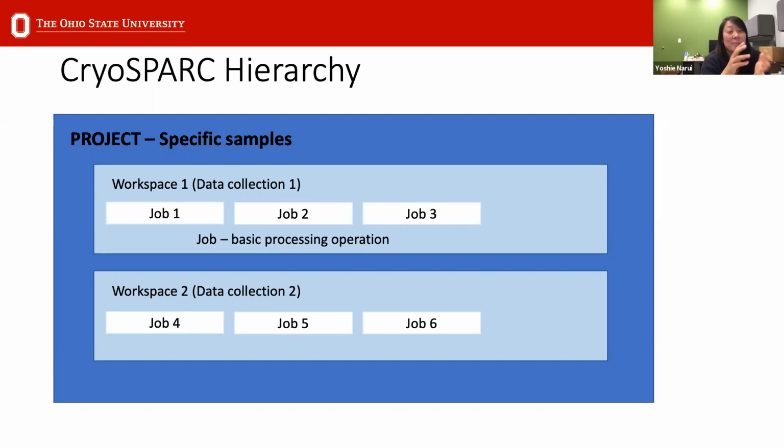But for a smaller data set like this, you could do it on your local machine. Does that make sense? But if you're doing hardcore, thousands of micrographs, you're going to need a pretty amped up machine to do that.